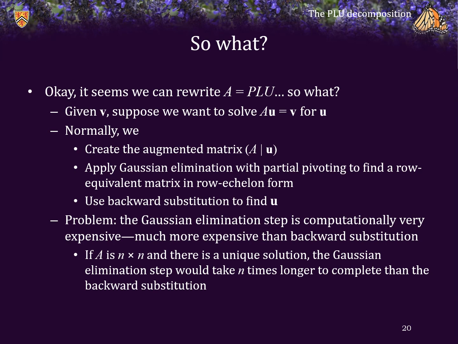So if you had a 1000 by 1000 matrix and the Gaussian elimination component took 1 second, then the backward substitution step would only take a millisecond. So it would be nice if we didn't have to perform Gaussian elimination as often as we did.